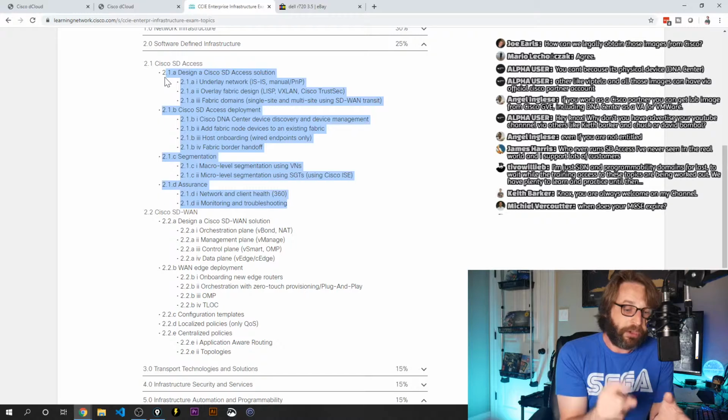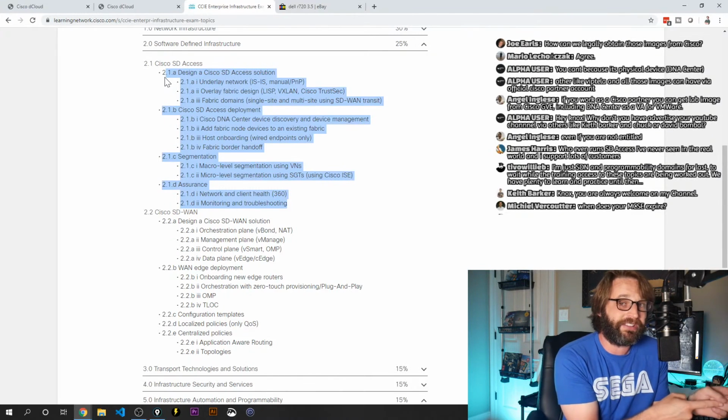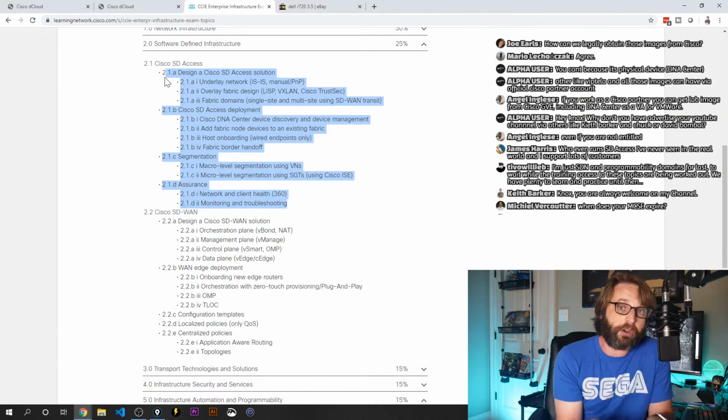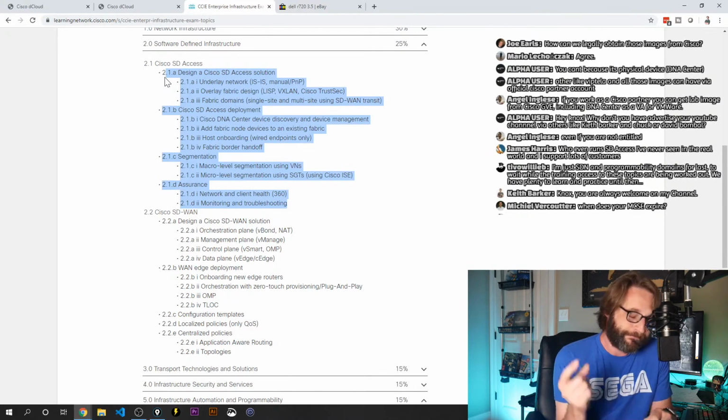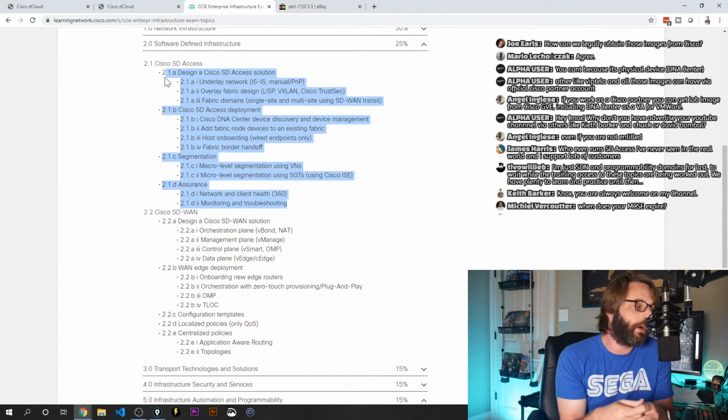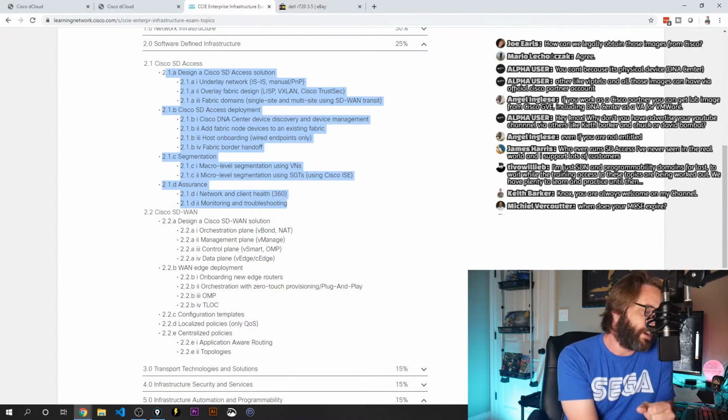We open up a GUI, we click through it, we see how everything works. So if you've never seen DNA Center before, the Encore course has a skill called, I think it was, implement enterprise networks using the DNA Center workflows. That's your starting point right there. And I can't recommend that enough. That was a lot of fun to shoot.